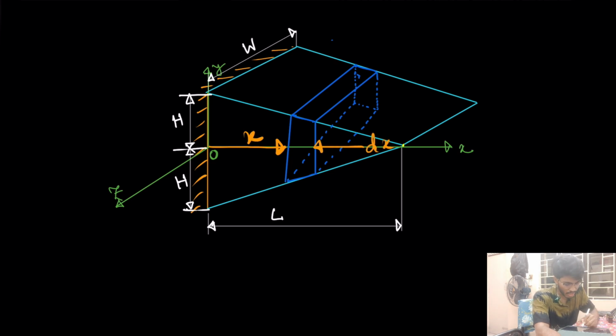Again I warn you that this thing is not dx. This is maybe ds, or at first we should write this as del, not d, then we will take the limit, right? So the thickness is delta x.